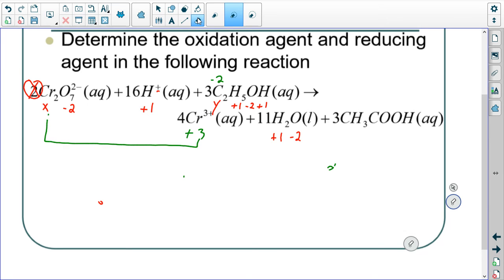Going from +6 to +3, that's a gain of electrons. In this case, gain of 3 electrons each for a grand total of 6 electrons.